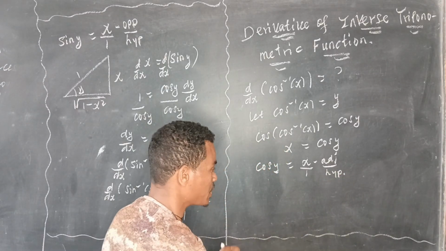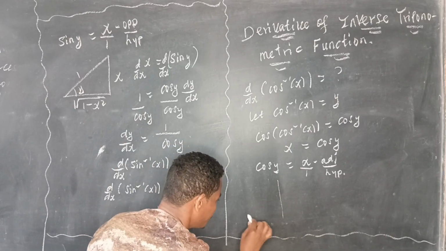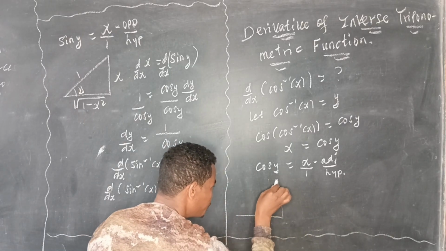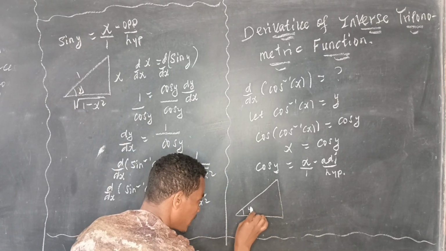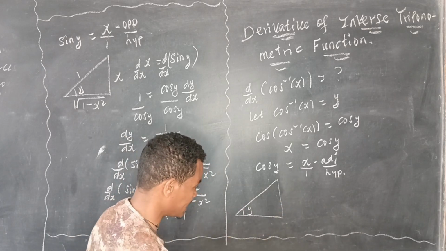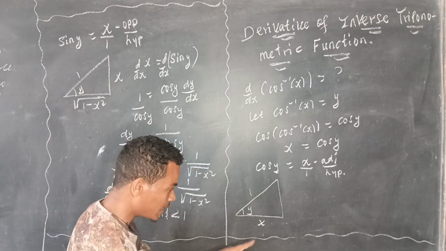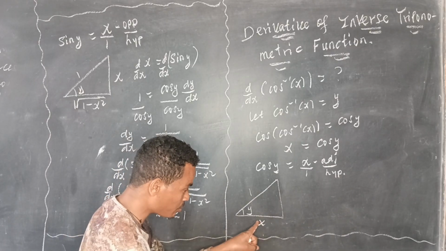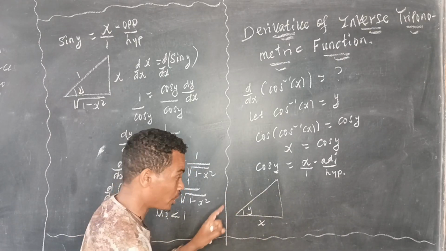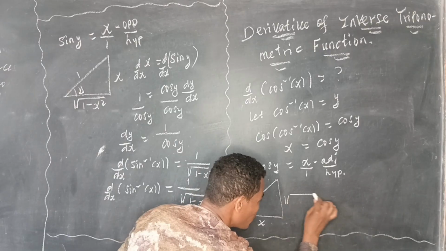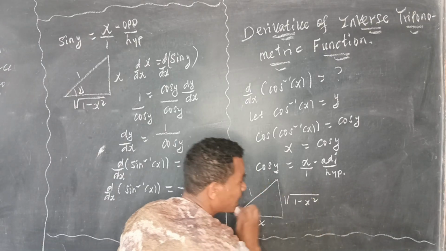Using a right angle triangle, consider the angle y, where x is the adjacent and 1 is the hypotenuse. By using the Pythagoras theorem, base square plus x square is equal to 1 square, so the opposite side is the square root of 1 minus x square.